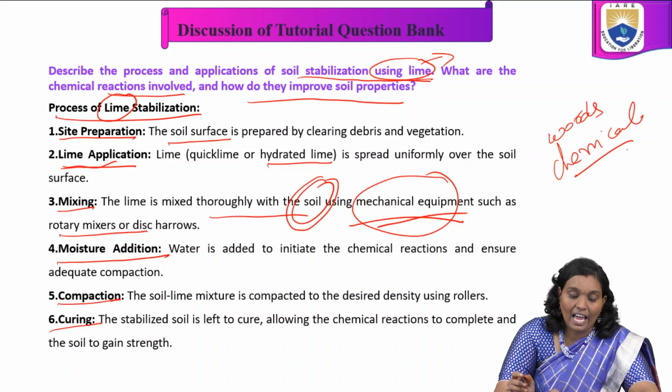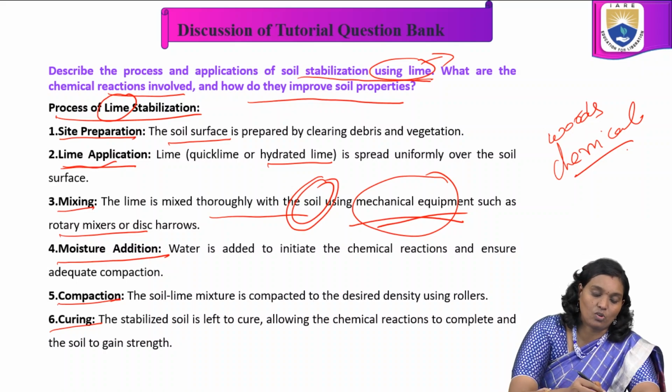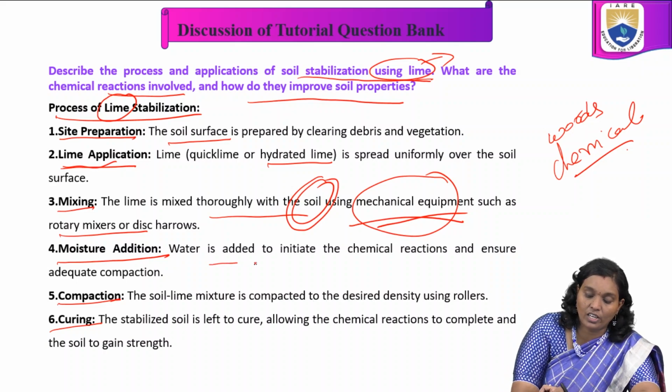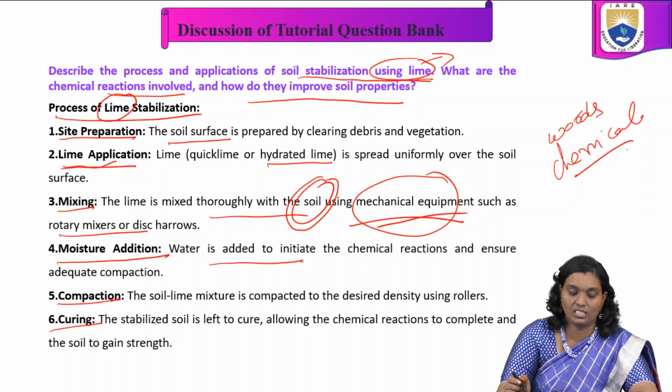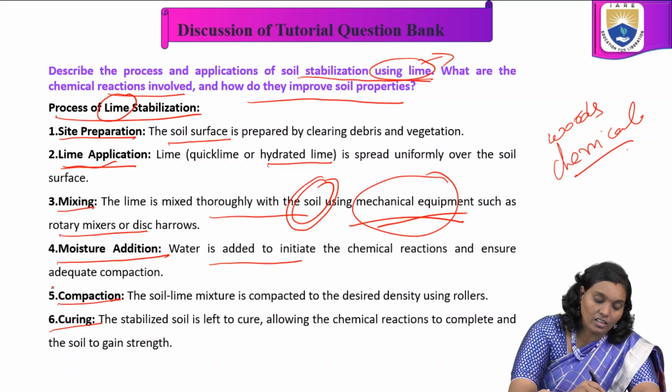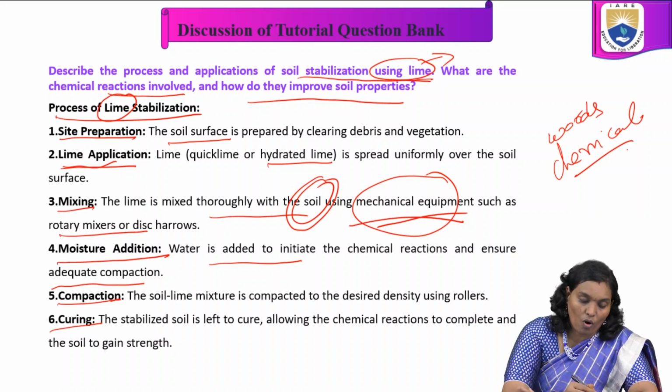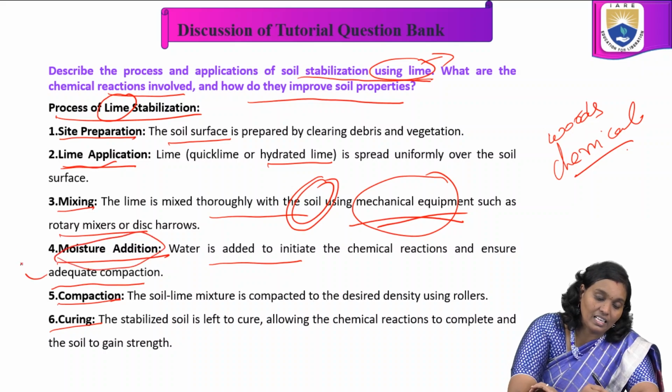So the lime is mixed thoroughly with the soil using mechanical equipment such as rotary mixers. In moisture addition, water is added to initiate the chemical reactions and ensure adequate compaction.